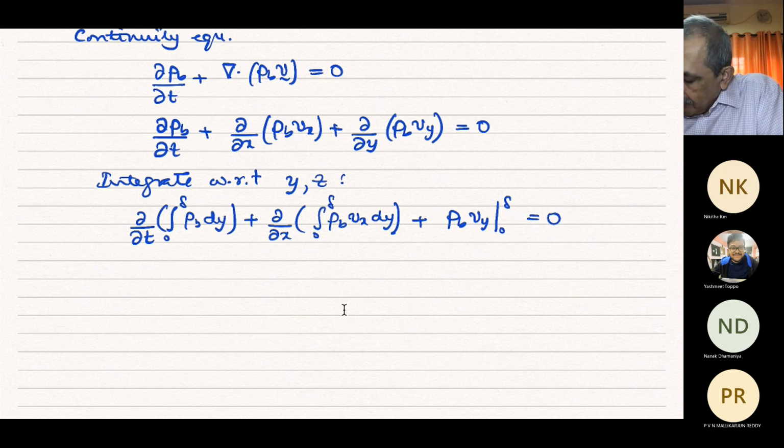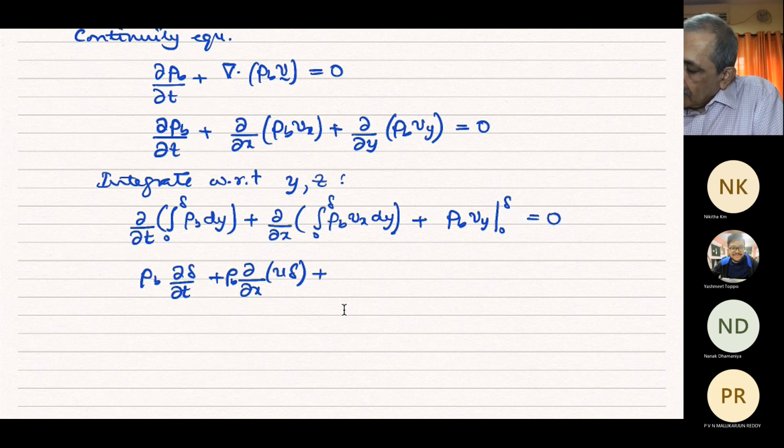So now when we do this, here you get rho b out as a constant, and then you get del by del t of delta plus del by del x. Now this one we have already done before. So rho b is out, and this will be u times delta.